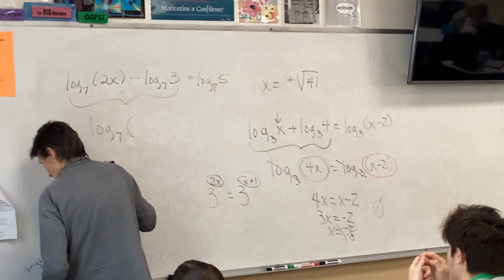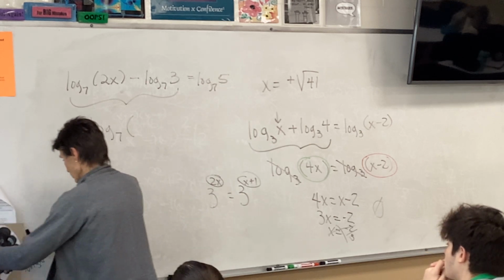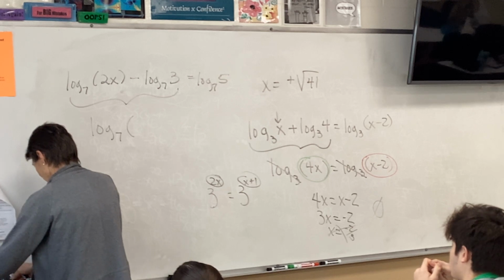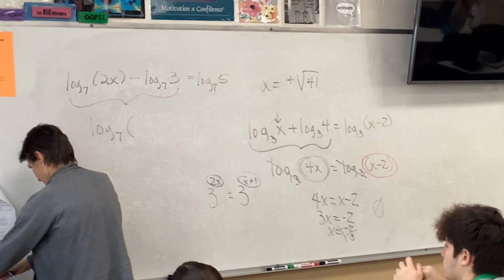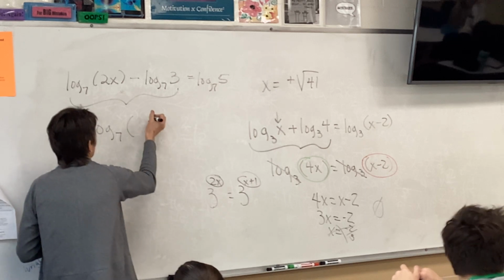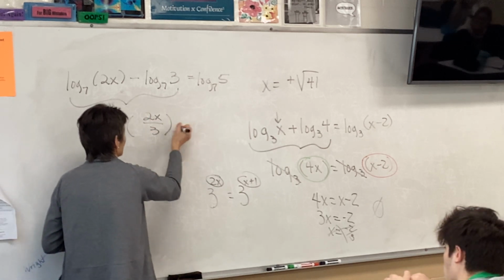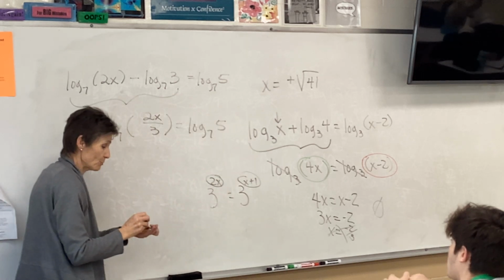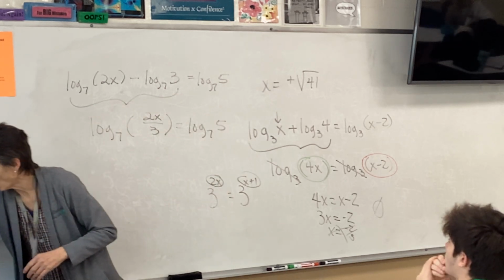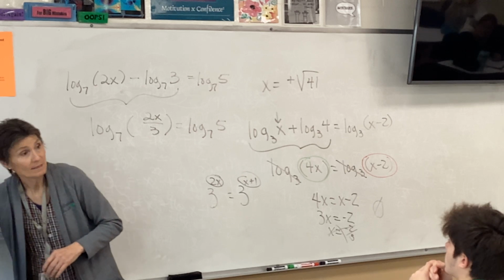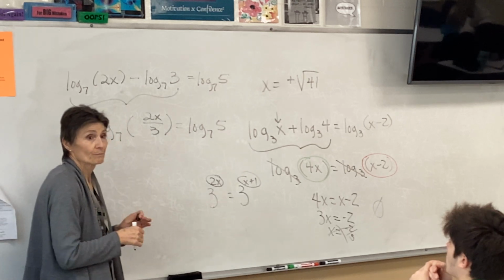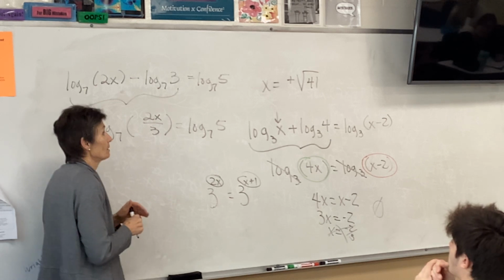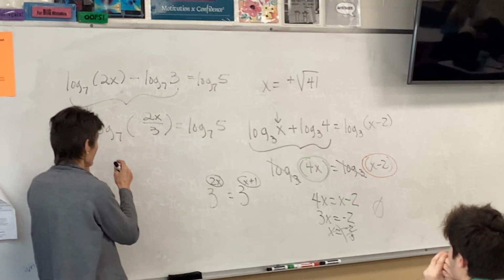So when I put them together, it's going to be 2x over 3. Now take a look at that, guys, and make sure you understand why I put it together as a division. Everybody good?